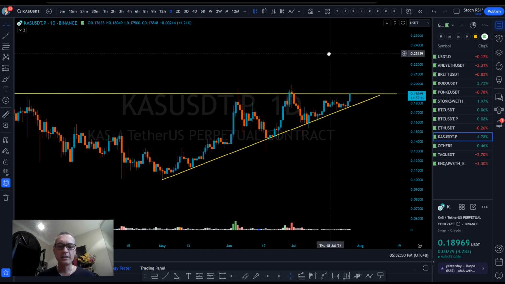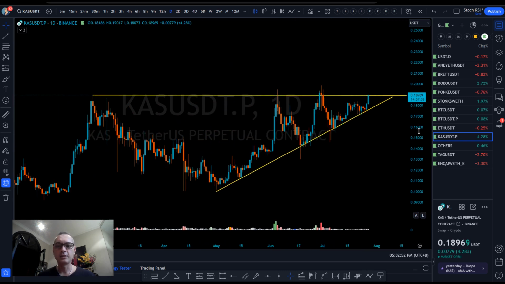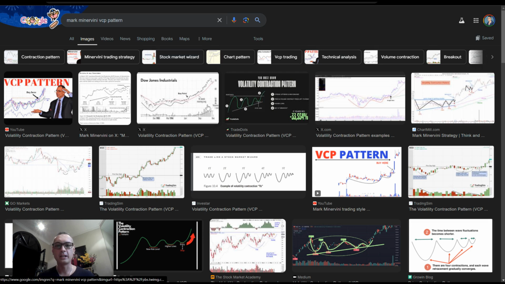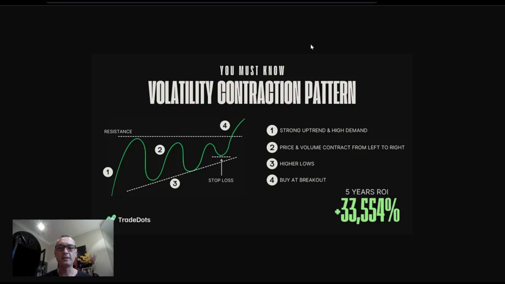So there is a guy named Mark Minervini who is one of the legends of trading, but he's a stock guy and he developed this pattern. So what is the volatility contraction pattern? Well, first, you need a strong uptrend with high demand depicted here.